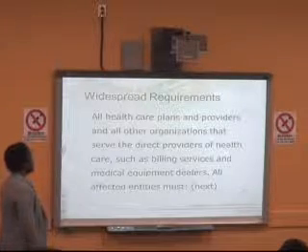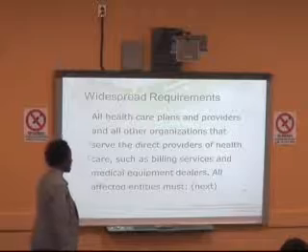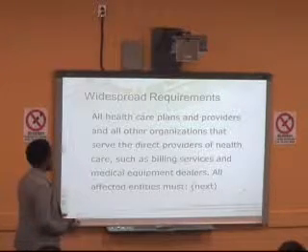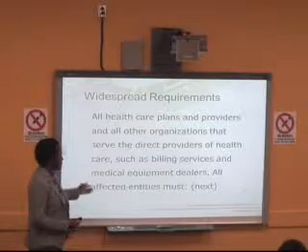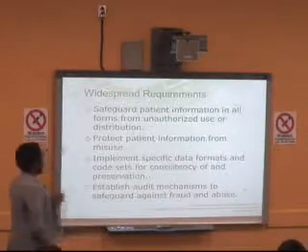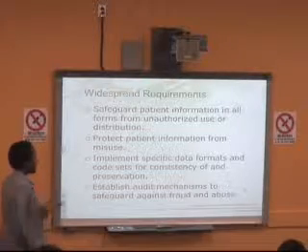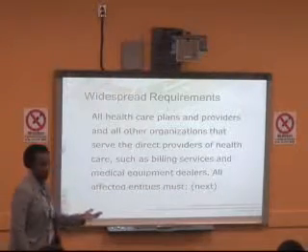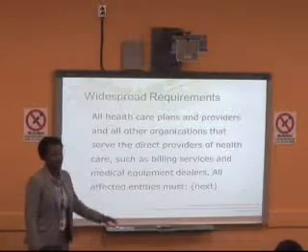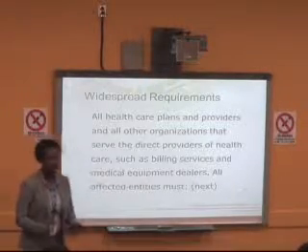Most healthcare plans, providers, and organizations that serve providers, such as billing services and medical equipment, are also held to certain standards and safeguards. For instance, as a consultant, when we work with patient data all the time, we had to do the same thing. We had to remove any unique identifiers of the patient.